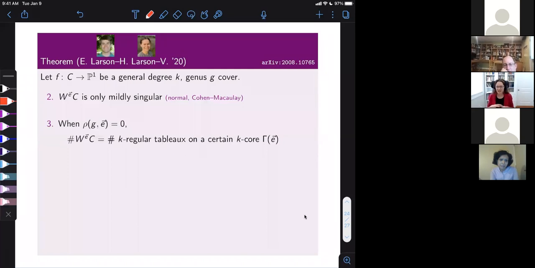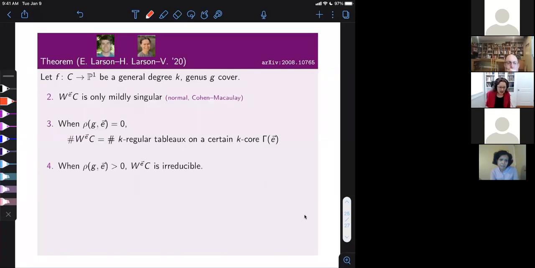So it's not a square, it's not a rectangular tableau anymore. It satisfies some convexity property, which gives this k-core definition, and it's attached to the splitting type. So from the splitting type, you make this k-core, and then the ways of filling it gives you the number of points. And again, there's an identification on points, not just on numbers, in the degeneration, which is, I think, very beautiful.